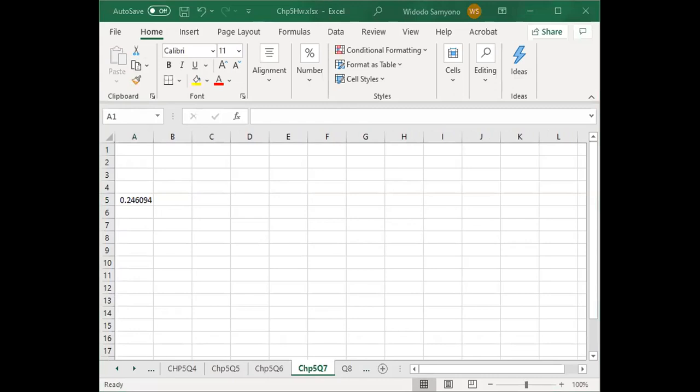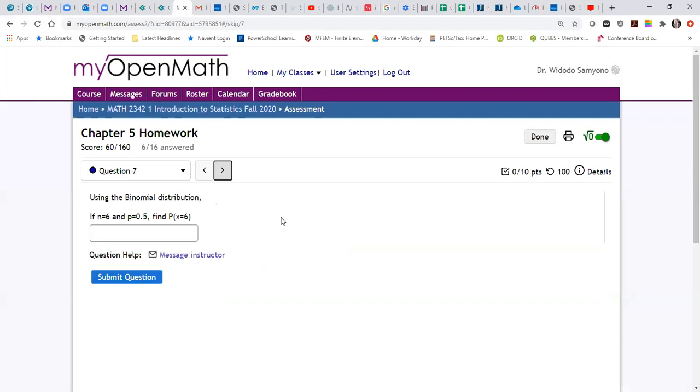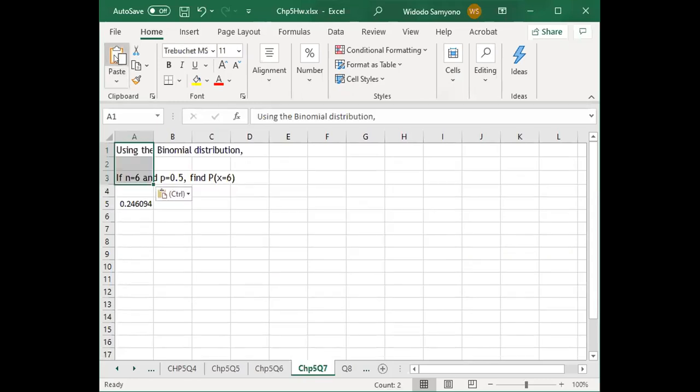Equal means exactly 6. Using the binomial distribution, you can do the same thing. Let me copy this and then put it in Excel.